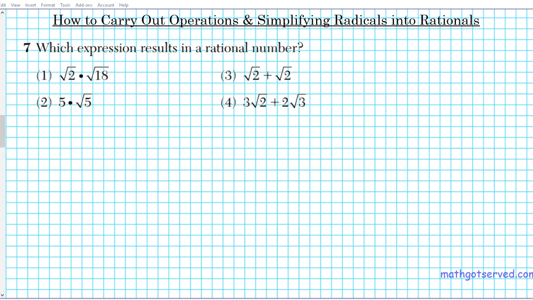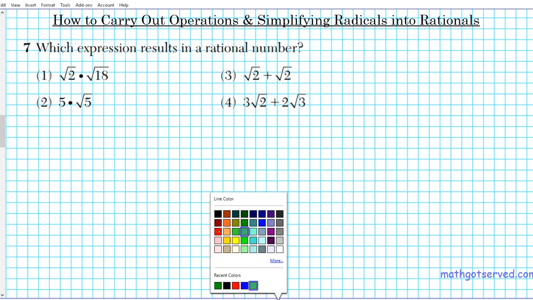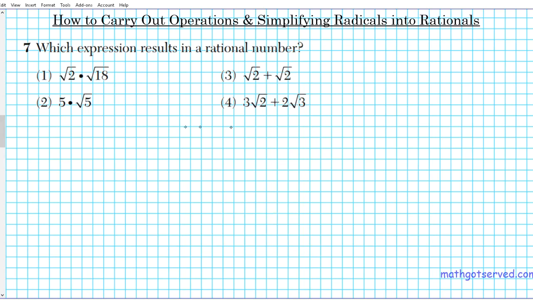So we need to remember what rational numbers are. In order to do well on the Regents exam, you need to know what your rational numbers are. Okay? So all these involve radicals. So let's focus on how to identify a rational when it's presented in radical form.